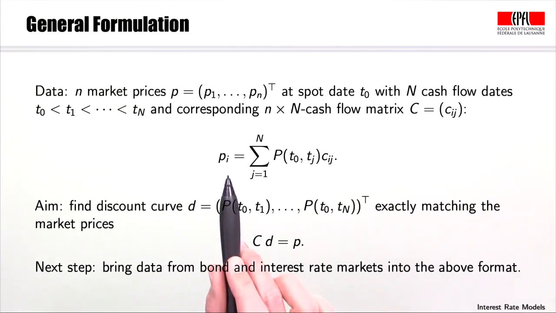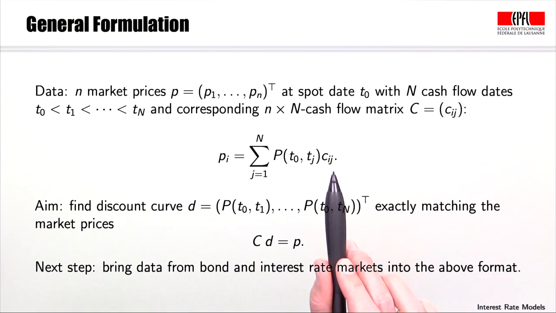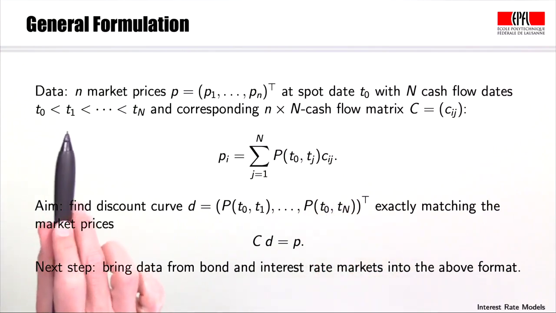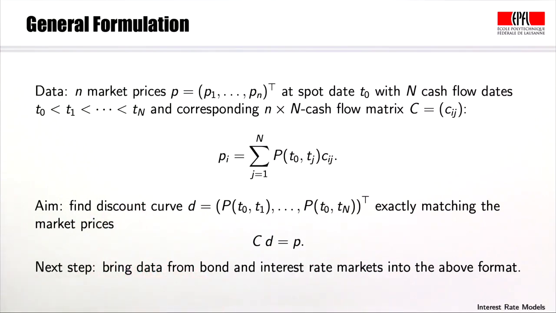So the market gives us the Pi's and it gives us the Cij's, the cash flows on the dates Tj. What is not known is the discount curve. We stack the discount curve into the vector D and we rewrite this equation here as this matrix equation.